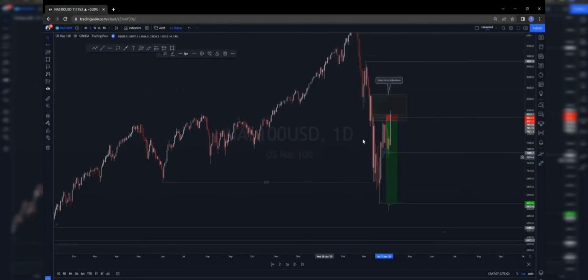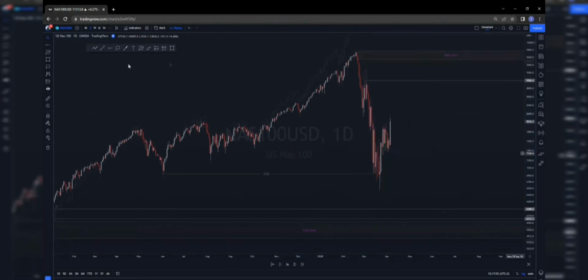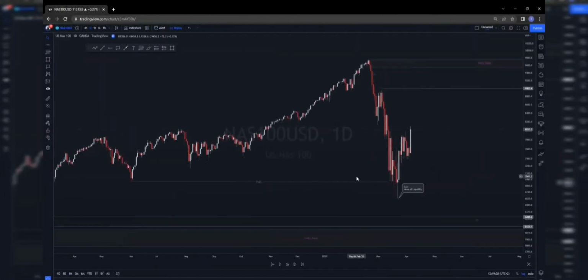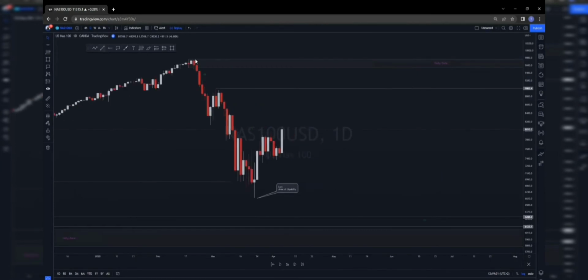Like I said, though, there is no imbalance, right? The market has incentive to take out this right here. So looking at this, right, we have a trend line break over here. So this could be a potential impulse.